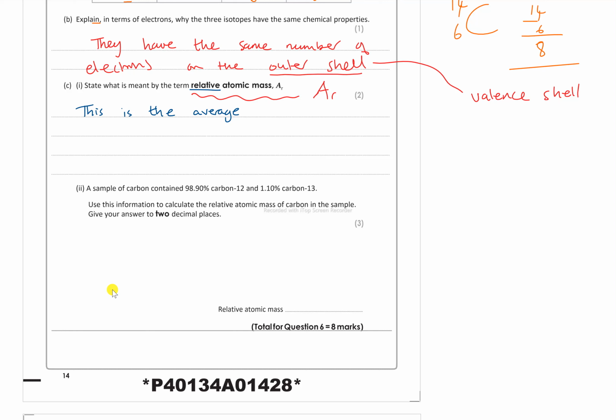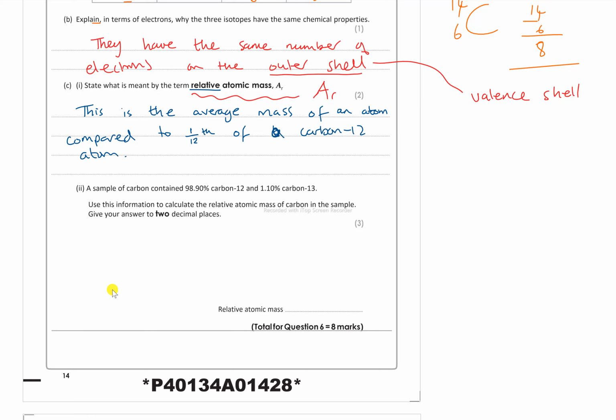This is the average mass of an atom compared to, no, what can you say? How can you say? 1/12 of a carbon 12 atom.